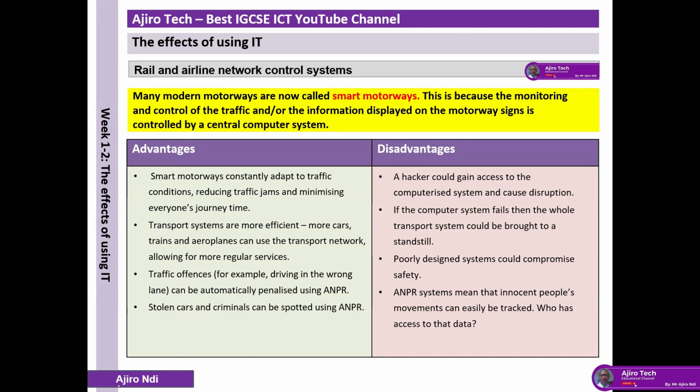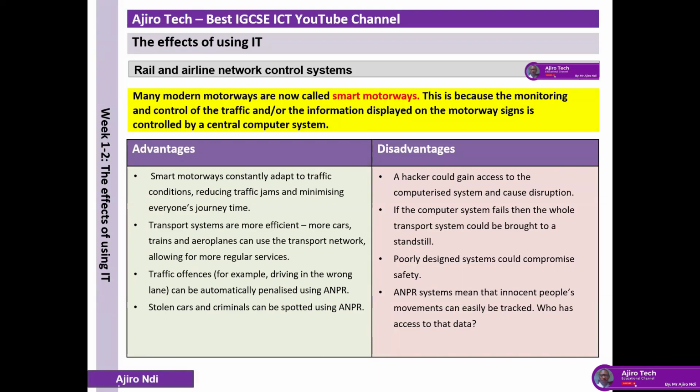Right there on your screen: a smart motorway is the monitoring and control of traffic, displayed on the signs, which is controlled by a central computer system. The second point is that it is the monitoring and control of information displayed on the signs, which is controlled by a central computer system.